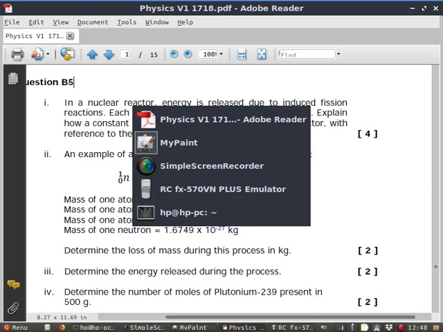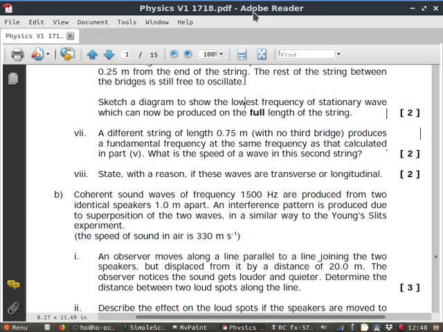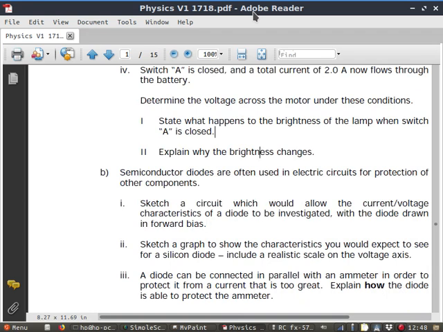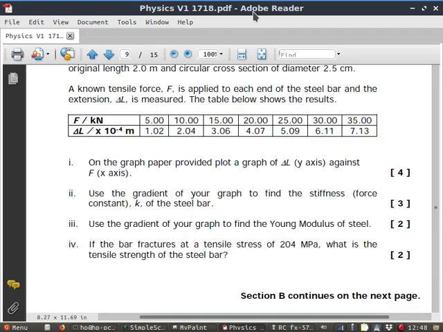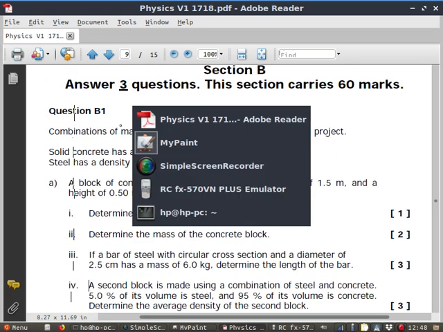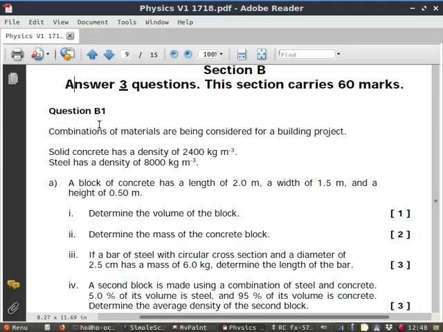Atoms is number 5, okay? And the graph question here is number 1. Now, in this exam, the material is the same as the graph question.